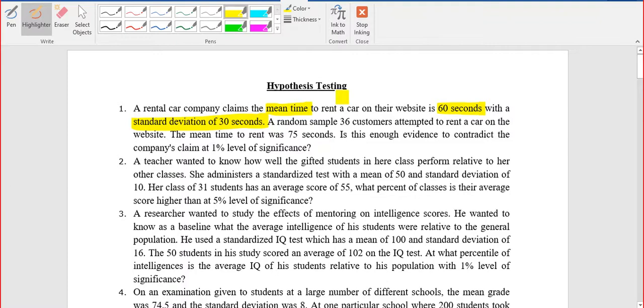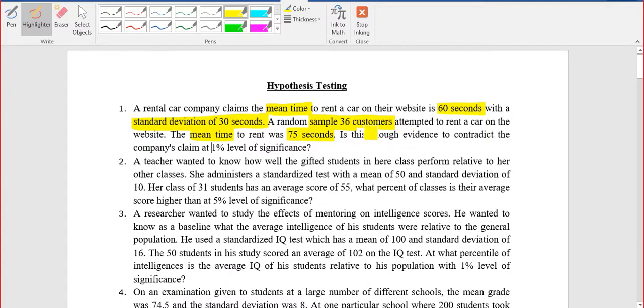Then a sample of 36 customers attempt to rent a car on the company website. They are continuing the sentence, so they are still talking about the sample. The mean time to rent was 75 seconds. How do we know that this is for the sample? Because the mean time for the population has already occurred.